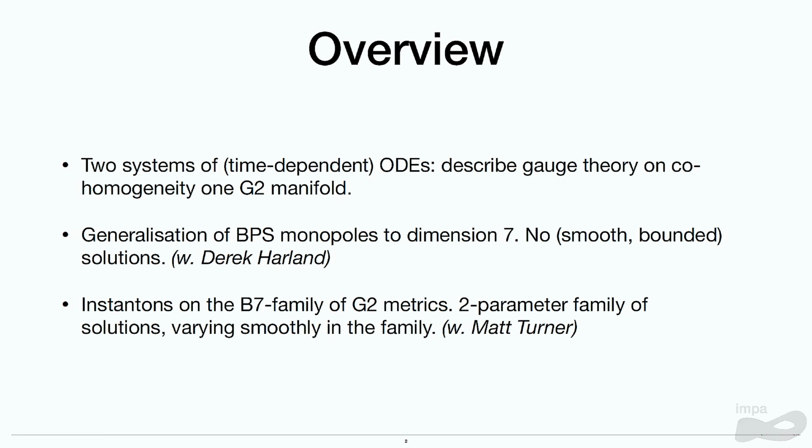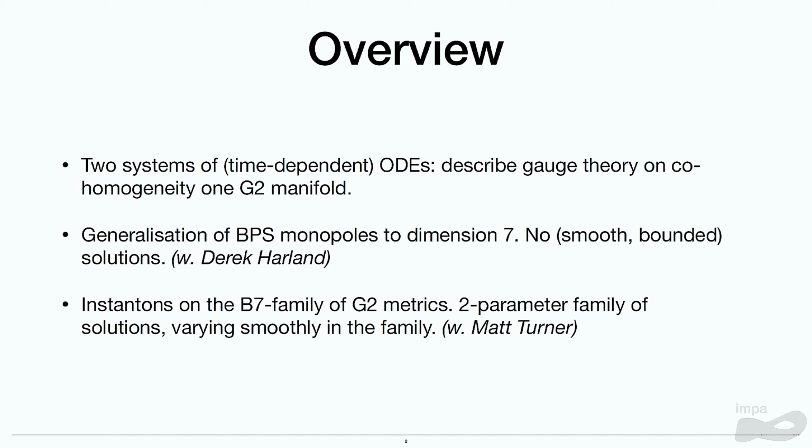So today we're really going to be talking about two separate things, but what unites them is that they both give rise to a system of time-dependent ODEs which describe gauge theory on cohomogeneity 1 G2 manifolds.